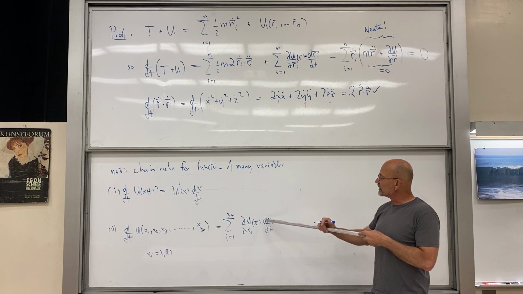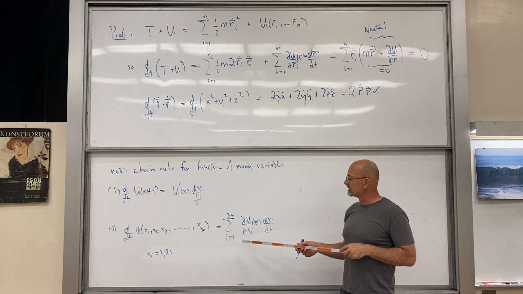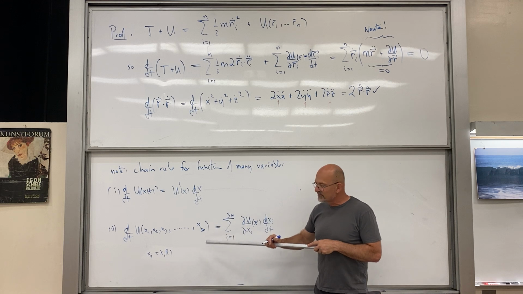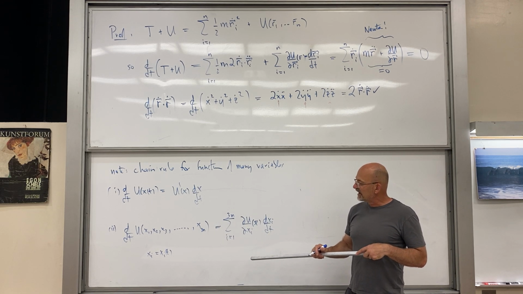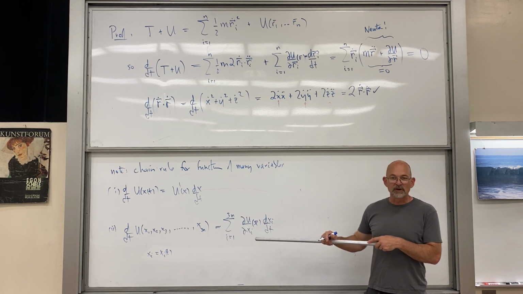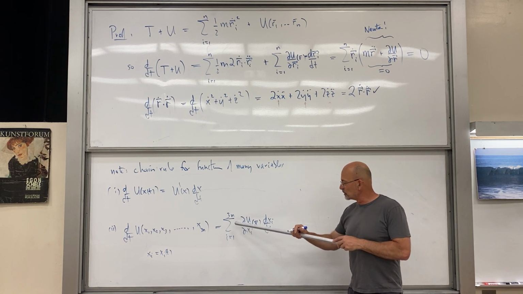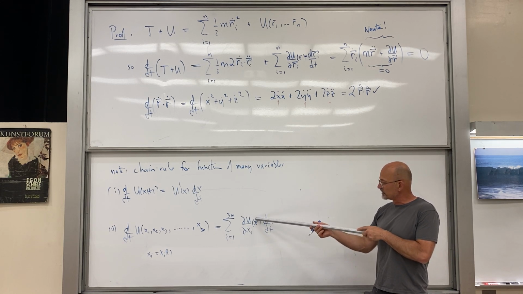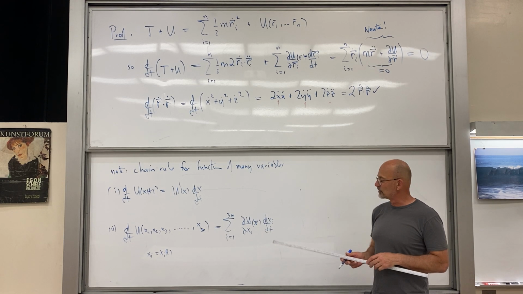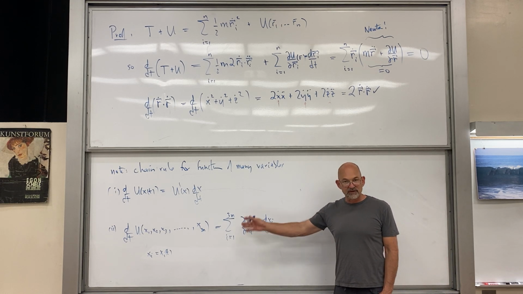The deeper reason for this, and someday I'll set up a lecture just on the chain rule in multivariable calculus, is that the derivative is a linear operation, and this is in essence matrix multiplication. In general, when you're doing chain rules, you're doing a matrix multiplication. In this case, it is a multiplication of two vectors, but that could be a column and a row matrix if you wanted to look at it that way. Linear operations can be expressed in terms of matrices.